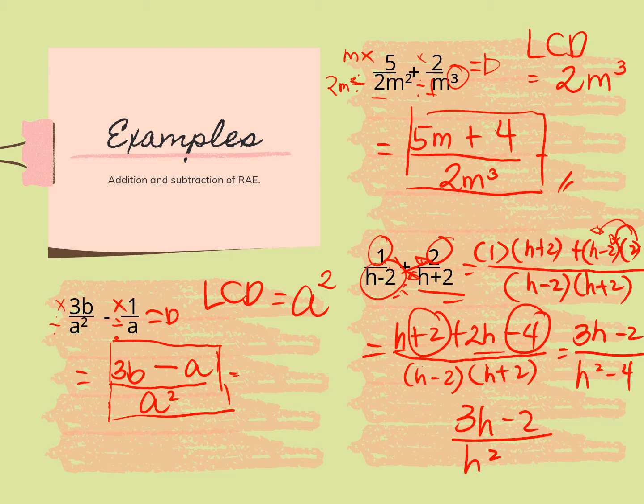Final answer na to since yung numerator ay hindi naman na mapa-factor. So, that's the other way, especially when the given denominator is more than one term. You can apply this because this is a lot easier than getting the LCD of that two binomials.